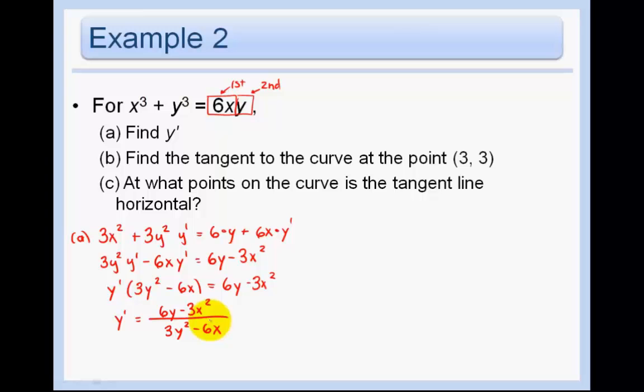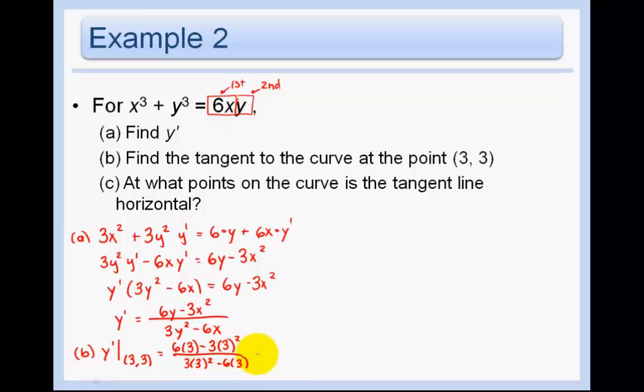So now they ask us in part B, find the tangent to the curve at the point (3, 3). So we want to evaluate this at the point (3, 3). We just stick in a 3 for the x and a 3 for the y, and we're going to get -1.